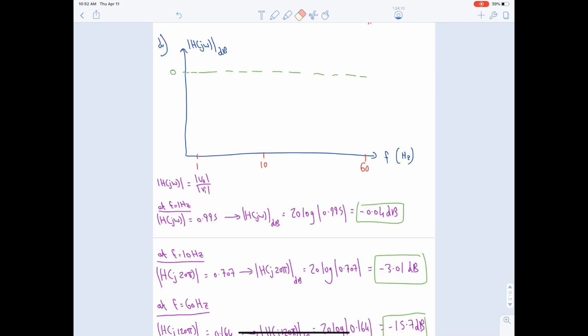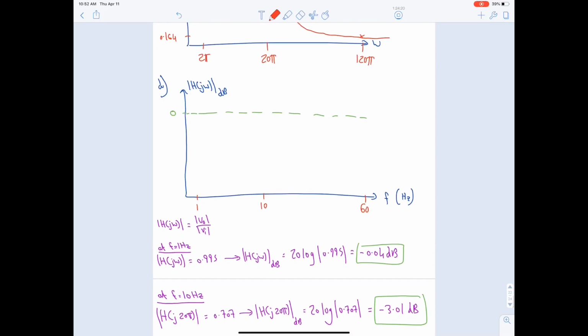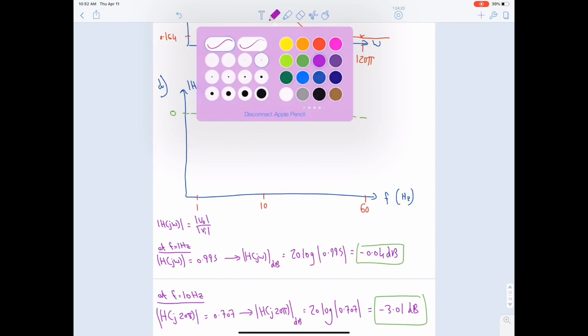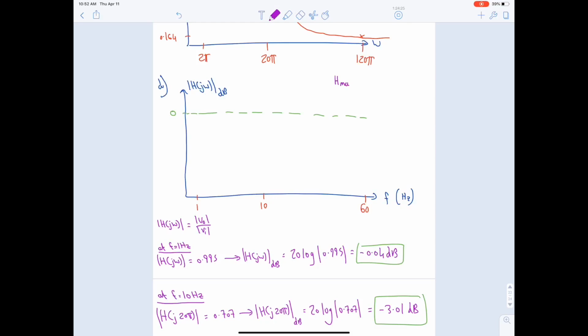Let's see, at F equal to 1, the magnitude in dB will be minus 0.04. Can we round it up to 0? No, we can't, because the maximum magnitude is, we know that the maximum is 1, and if you calculate the dB of H max, you will find it's equal to 0.